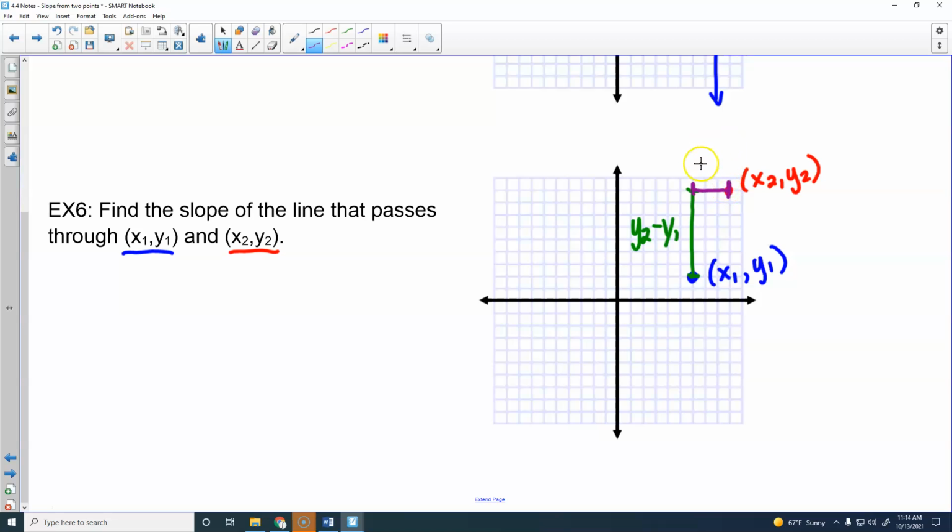So I could do x2 minus x1. If I wanted to know the slope for this, I could take the length of that green line, which is y2 minus y1, and divide it by the length of the purple line, which is x2 minus x1. That would be the slope through these points.